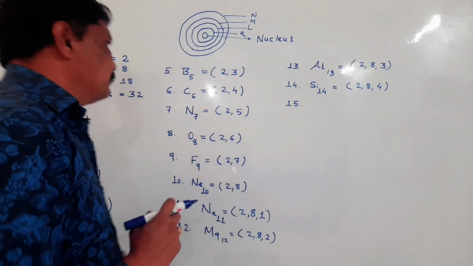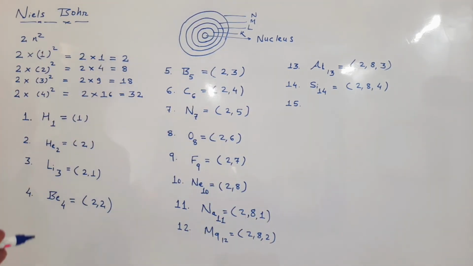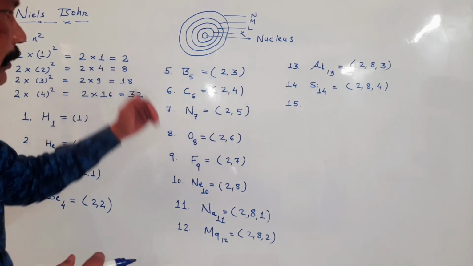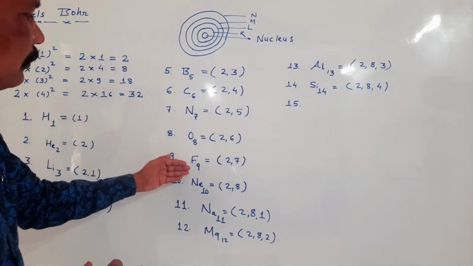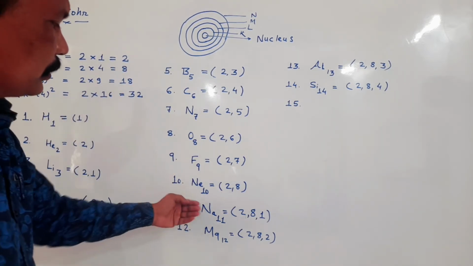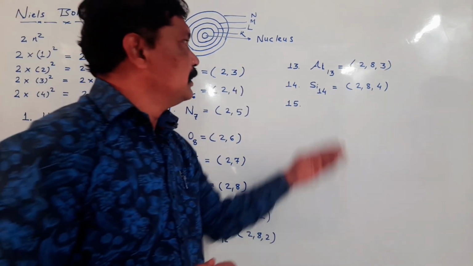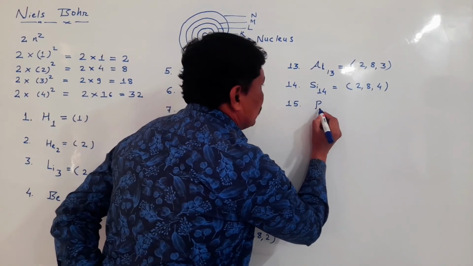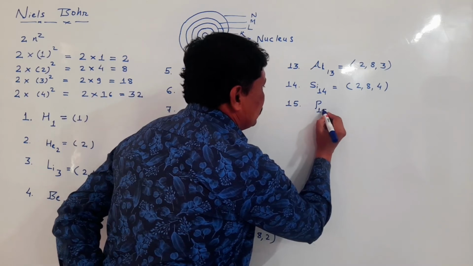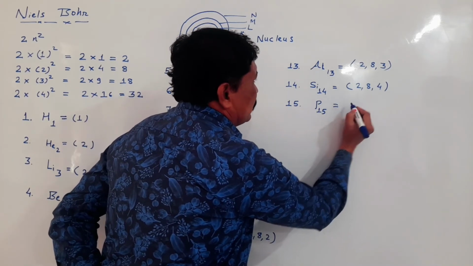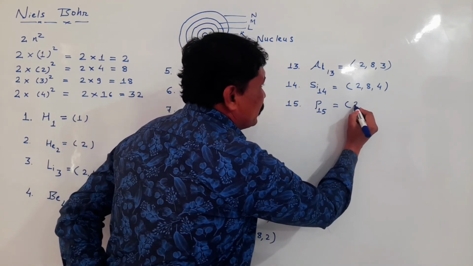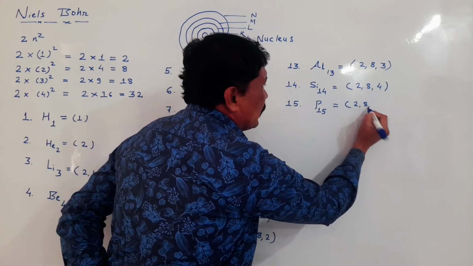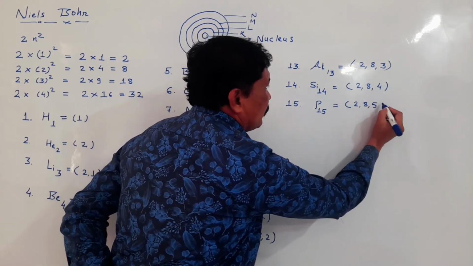So the 15th element in the sequence will be hydrogen, helium, lithium, beryllium, boron, carbon, nitrogen, oxygen, fluorine, neon, sodium, magnesium, aluminium, silicon, phosphorus, and the atomic number is 15. So let's write the electronic configuration 2, 8, 5.